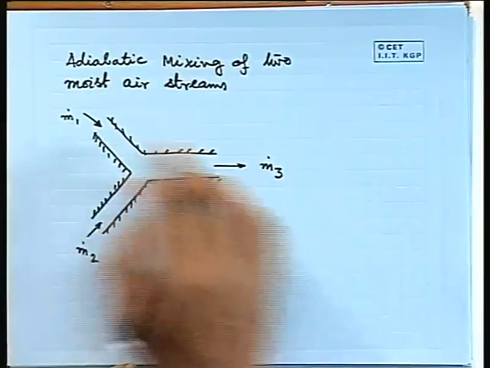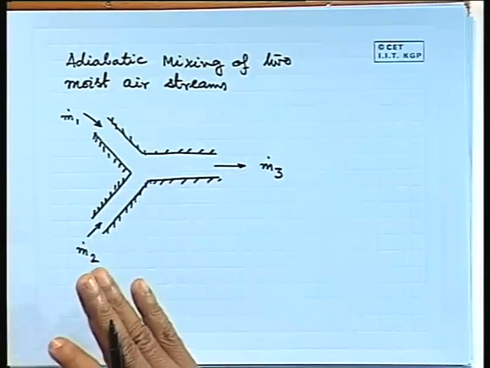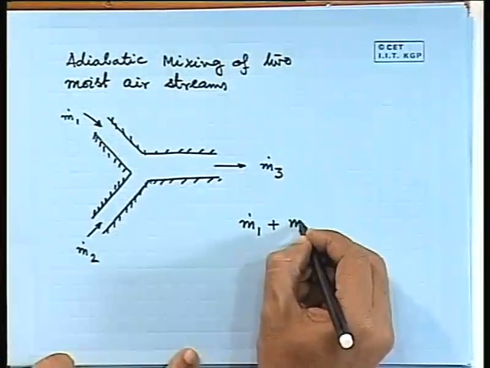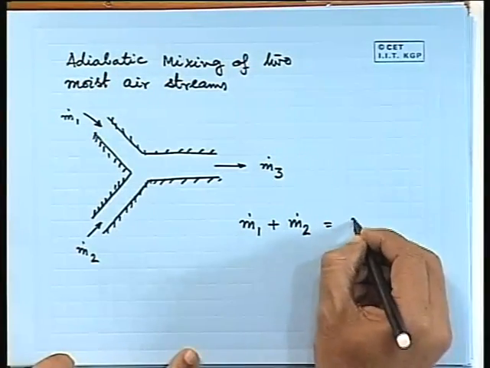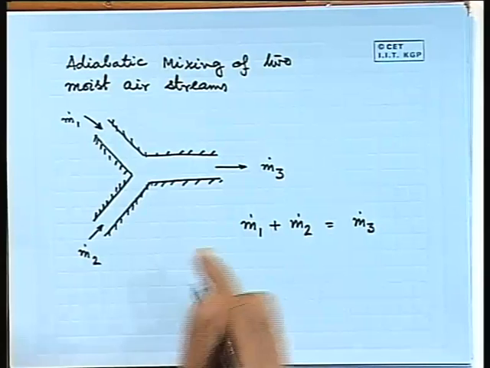So, total mass flow rate, of course, if there is no condensation inside, if there is no separation of water vapor inside, then one can write m dot 1 plus m dot 2 equals m dot 3.